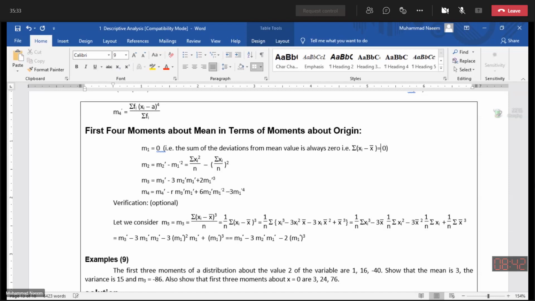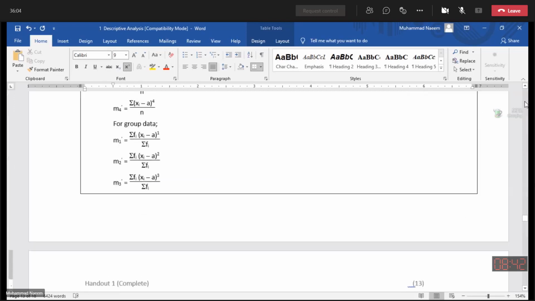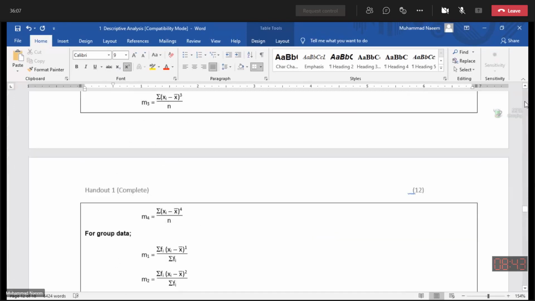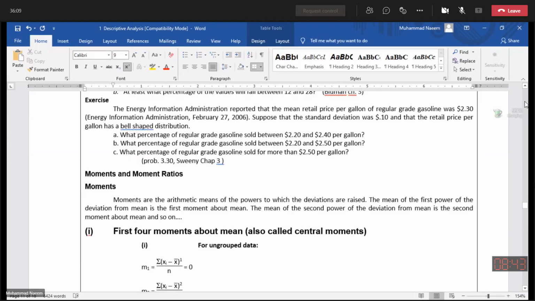This sum is 0 because in the definition of the first moment about mean, we have the deviations with respect to mean with power 1 and dividing by n. But in the numerator, this sum is always 0. Look at the definition.